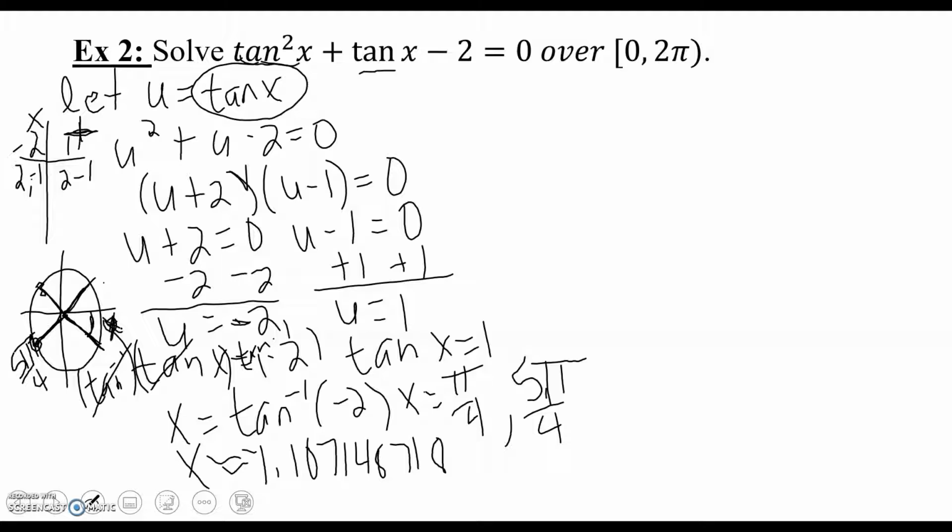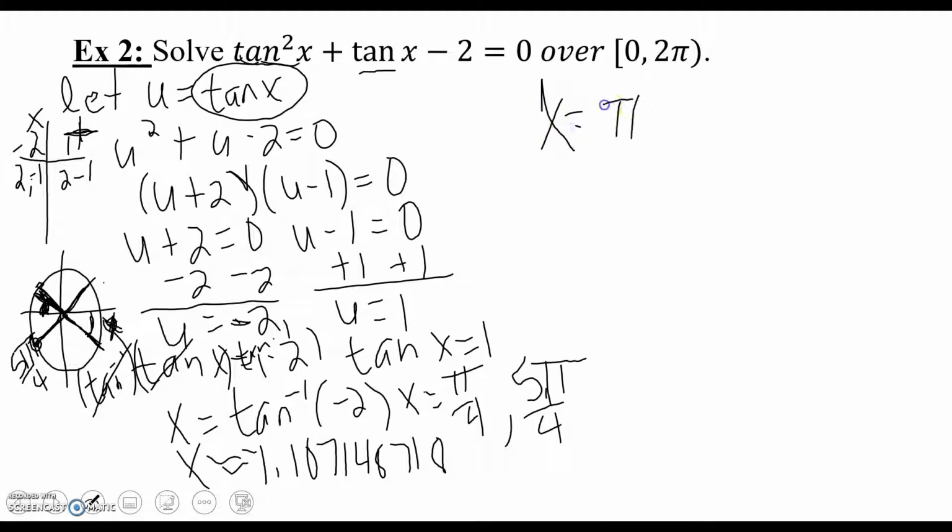So where else is tangent negative? Tangent will also be negative across here in the second quadrant. So that angle will be the reference angle for that. And so the reference angle will be here. And so in order to find what that angle is, because it's in the second quadrant, we would do pi minus that angle.